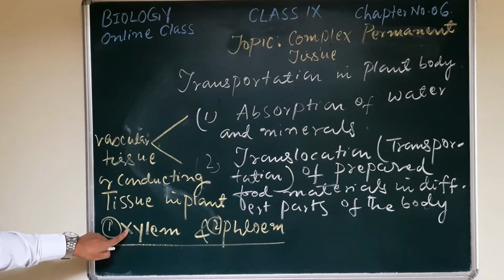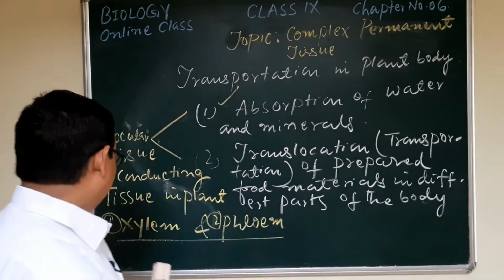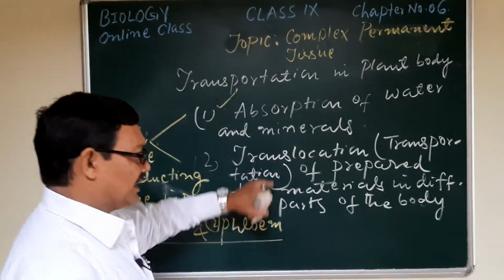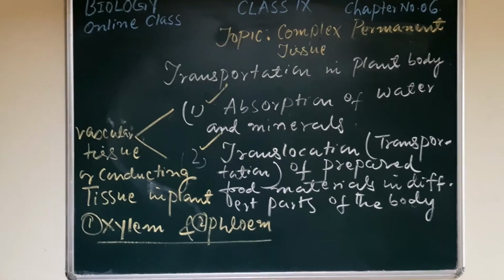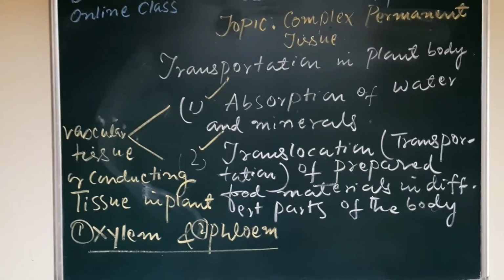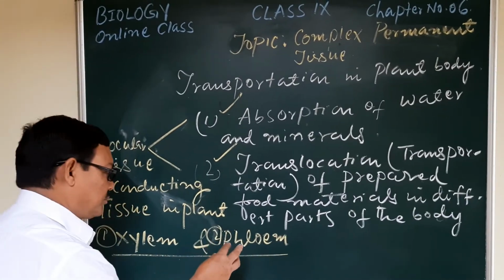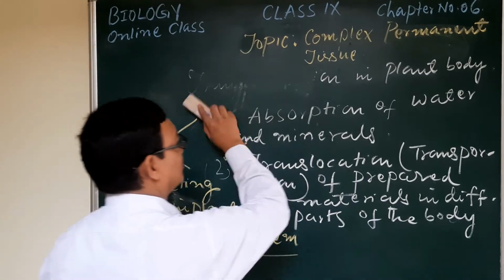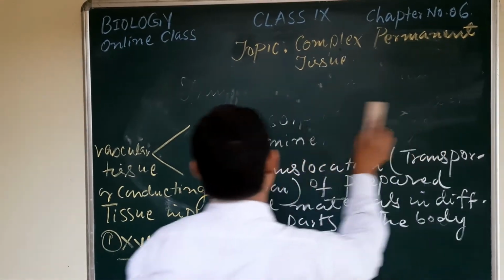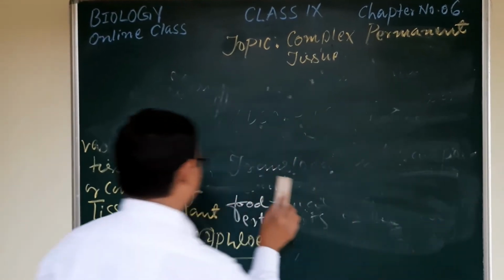Xylem will perform the first function, and the phloem and its different elements perform the translocation of prepared food materials in different parts of the body. So this is the fact about the xylem and phloem. Now let us come to know about the structure and important functions.